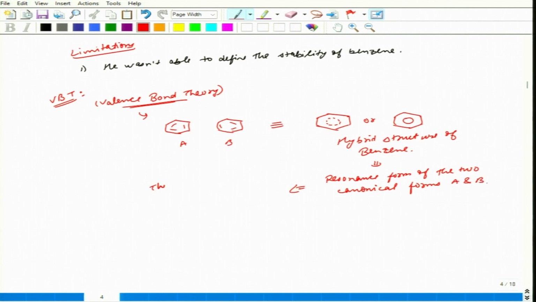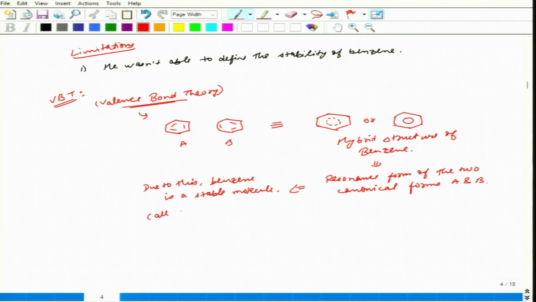And due to this resonance, benzene is a stable molecule or compound. Due to this resonance or this delocalization, all the pi electrons are revolving around the ring. Due to this delocalization and resonance, the benzene has so much stability.